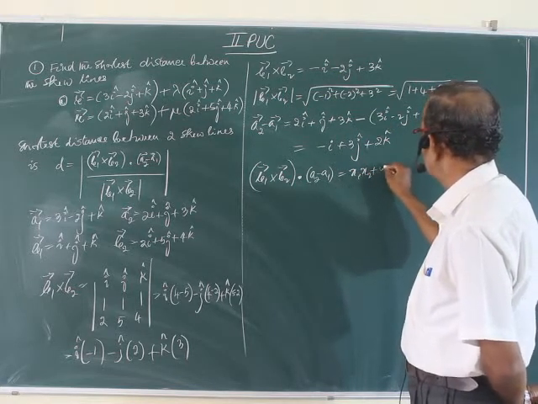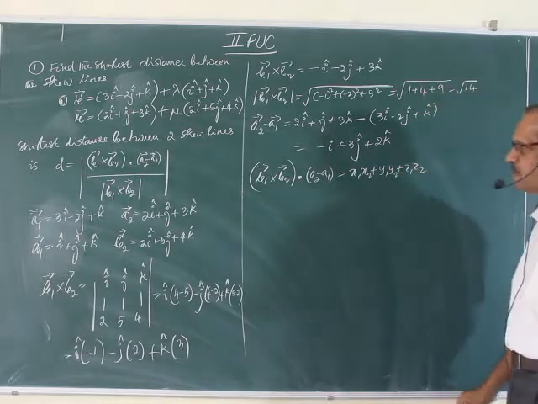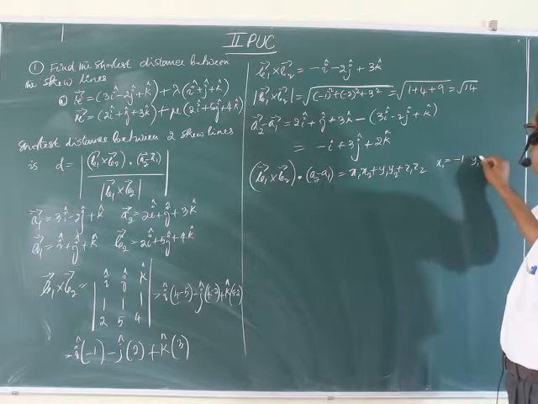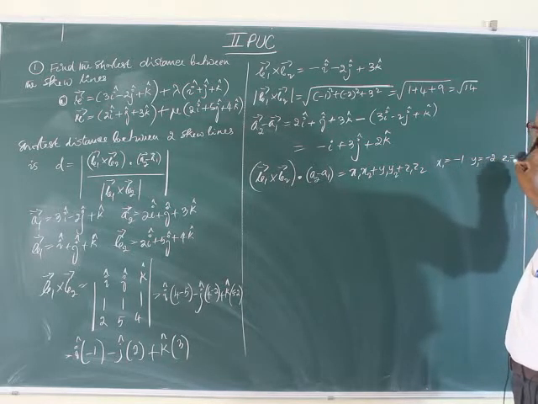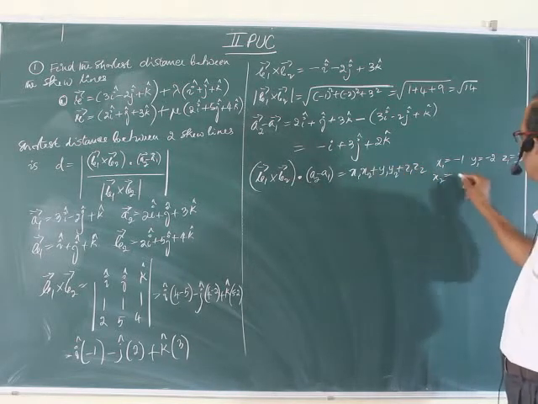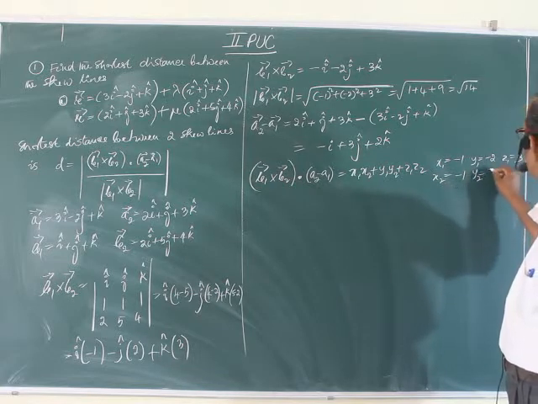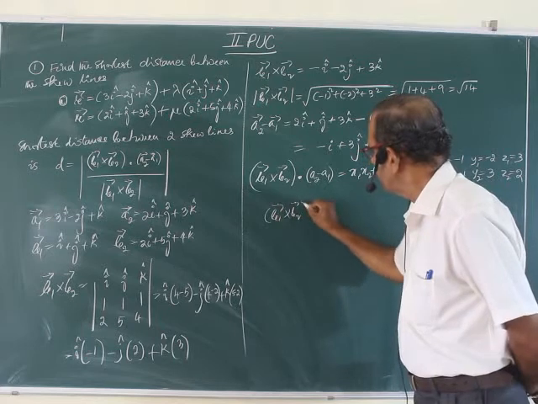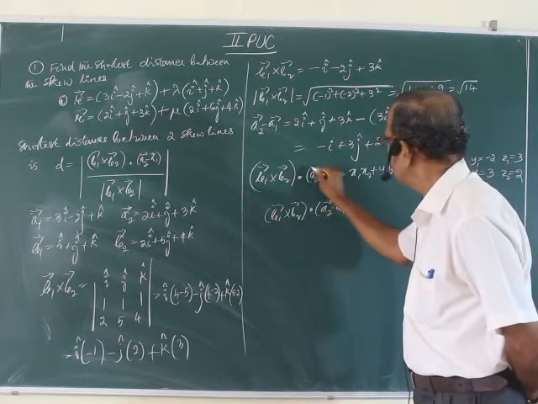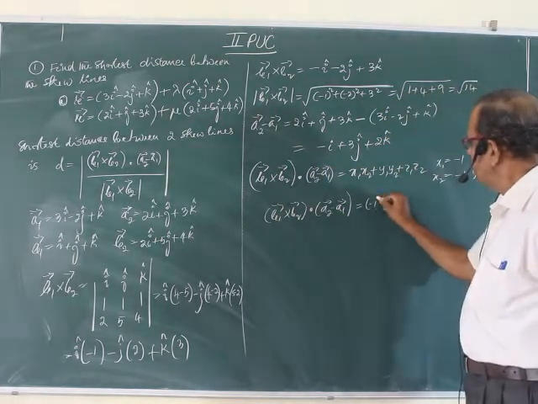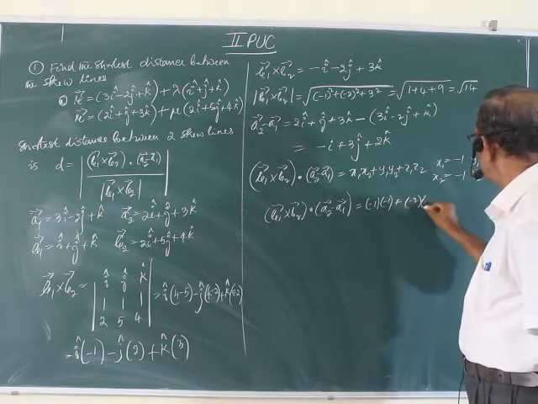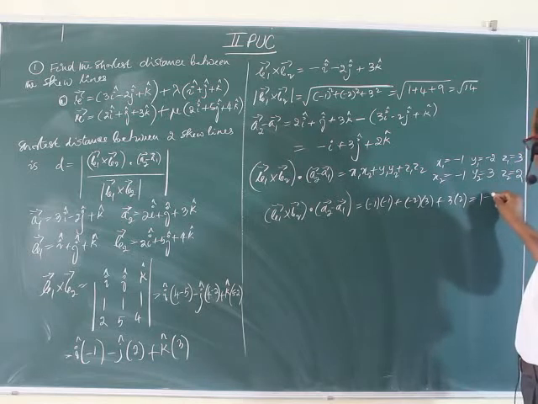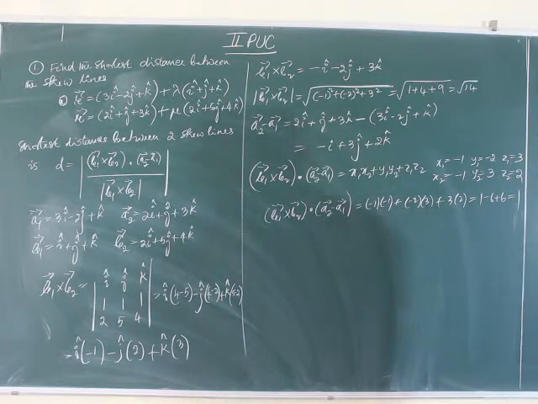Formula is actually, you are knowing this, dot product: x1 is b1 cross b2, minus 1, y1 is minus 2, z1 is 3, x2 is a2 minus a1, minus 1, y2 is 3, z2 is 2. b1 cross b2 dot a2 minus a1 is minus 1 into minus 1, minus 2 into 3, 3 into 2, 1 minus 6 plus 6, 1 only 1.